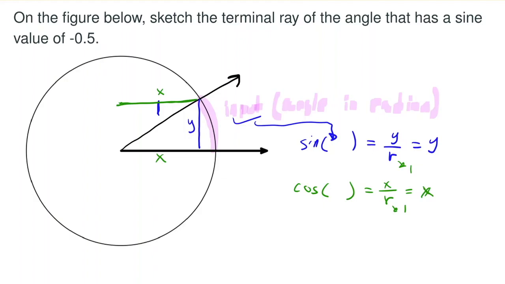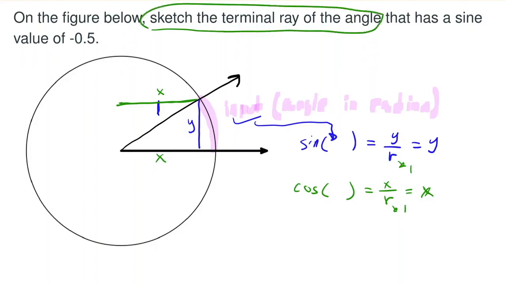Okay. So this is asking us to sketch the terminal ray of an angle, so essentially draw an angle such that the sine value is negative 0.5. Since it doesn't specify the radius length, we can assume the radius is 1 in this circle.